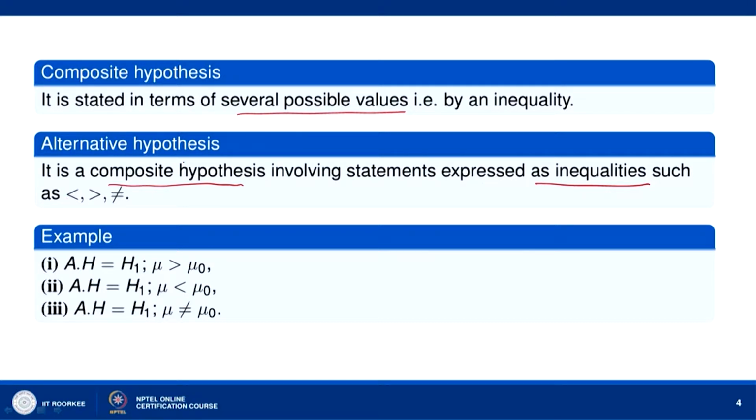So, alternative hypothesis is a composite hypothesis. We denote alternative hypothesis by H1. So, mu greater than mu naught involves infinitely many values. So, mu greater than mu naught, or mu less than mu naught, or mu not equal to mu naught, they are all alternative hypotheses.